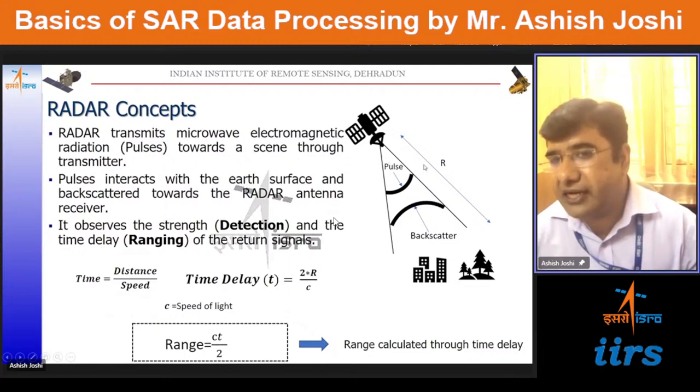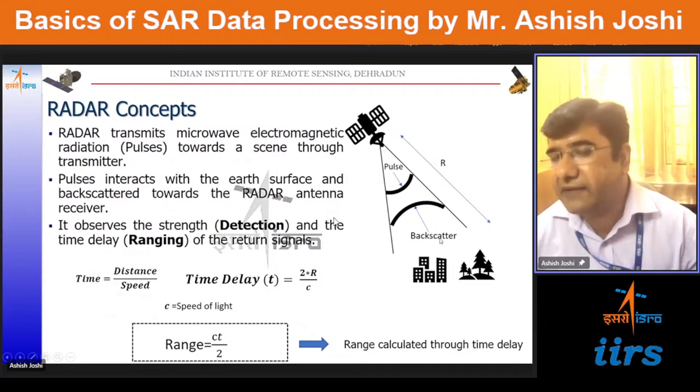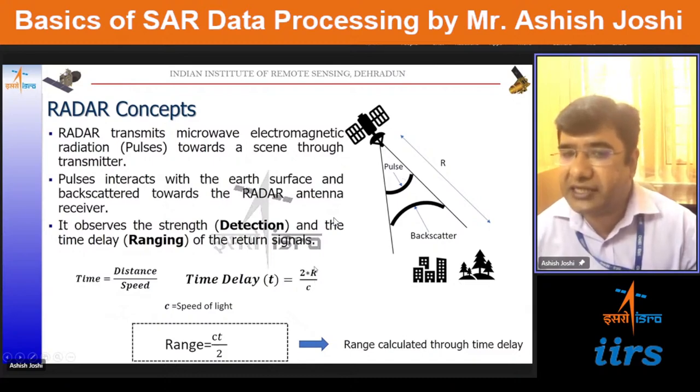It will travel the distance twice: first the R distance when transmitting, and again R when it is received. So the total distance traveled is 2R, and the time delay is given by 2R by c.